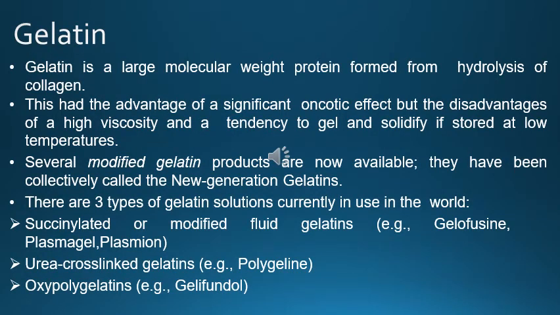Next example of plasma substitute is gelatin. So gelatin is a large molecular weight protein which is formed from hydrolysis of collagen.